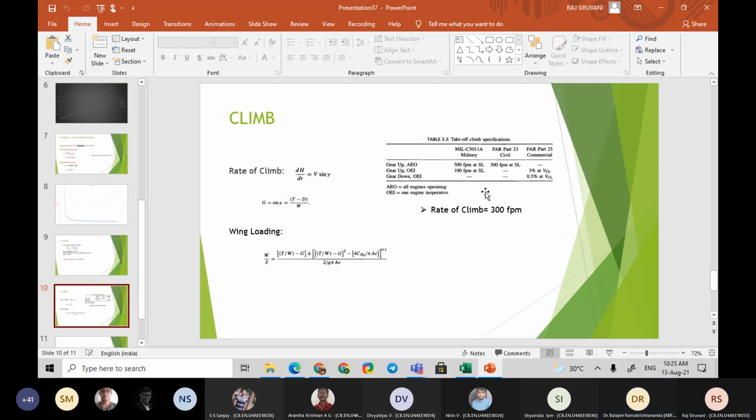What is the difference? Here, the 300 feet per minute is not given. Climb rate is not given. They don't bother about it, but they are bothered about the gradient of climb. Gradient. And also look at the left hand side. They are not bothered about all engines operative. With one engine inoperative itself, gear up with landing gear retracted, it should be 3% gradient.